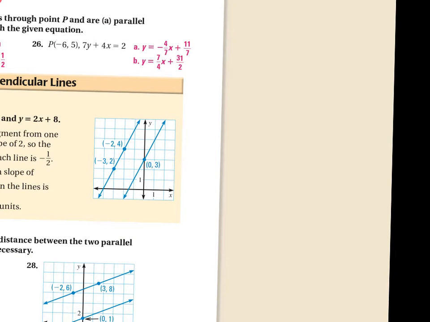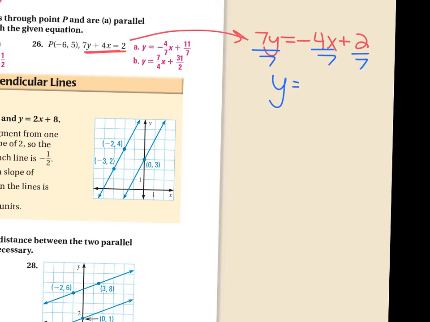Okay, 26 is the same set of directions. This time, they're not giving it to you in slope-intercept form, so the first thing I have to do is rearrange it so the y is on the side by itself. So if I subtract the 4x, it goes to the other side, divide by 7, I get y equals negative 4/7 x plus 2/7. So the slope of this line is negative 4/7.